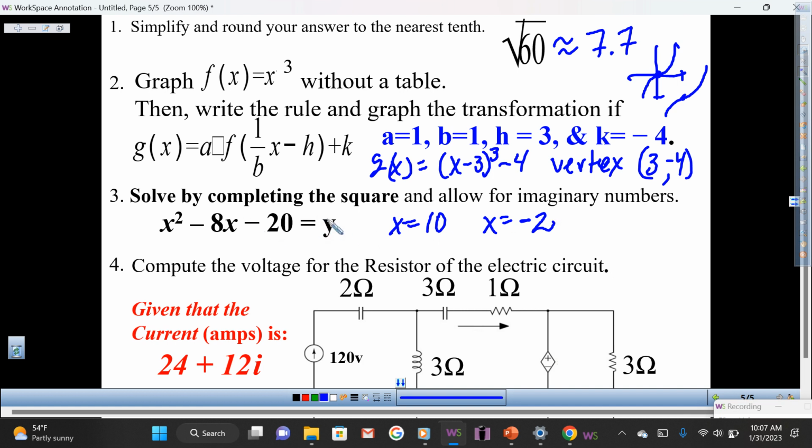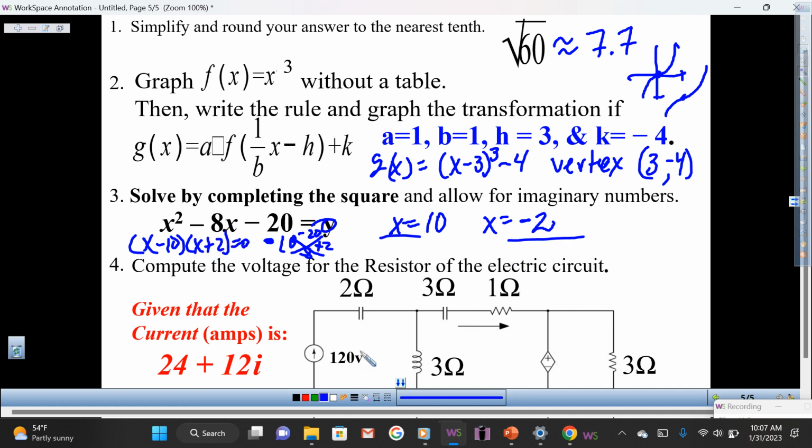Remember, this could be done by factoring. Negative 20, negative 8, 10, negative 2. Oh, my bad. Negative 10, positive 2. Set them equal to 0 once you have your x minus 10, x plus 2, and then you get these.